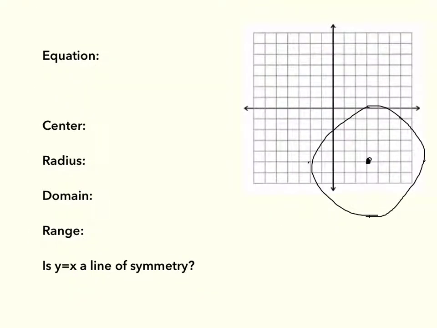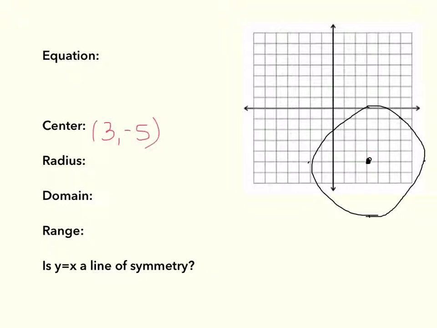Alright, and now on this example, they give you a circle, and they want you to find the center from your picture, and the radius, domain and range, and then write an equation. So you can count that your center should be (3, -5).